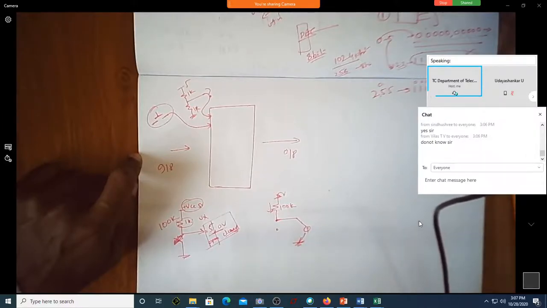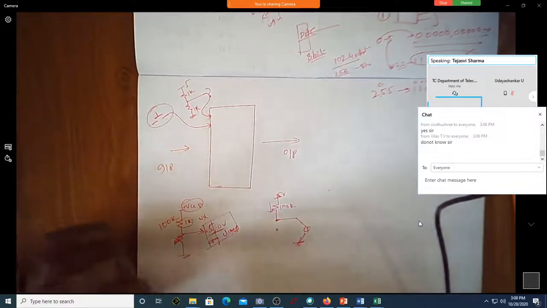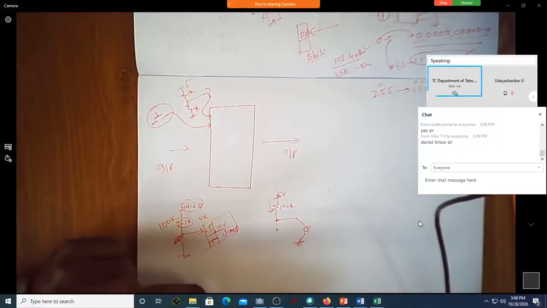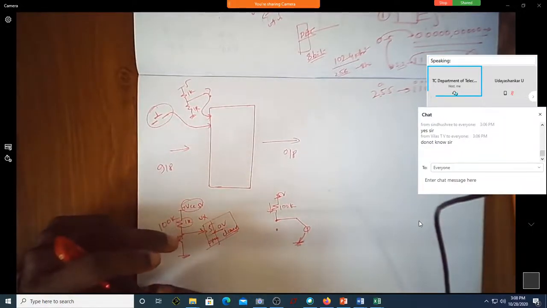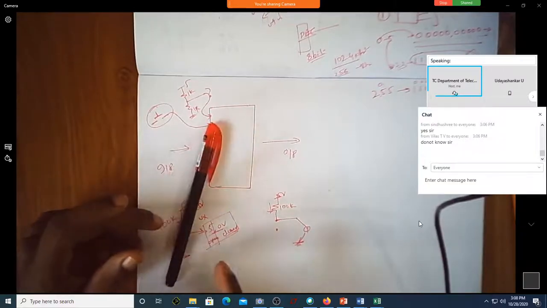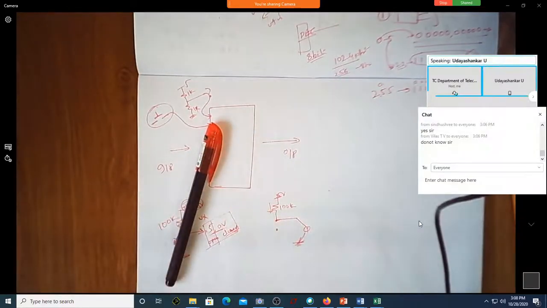Do you know the resistance offered by a voltmeter? Voltmeter will offer infinite resistance, ammeter will offer zero resistance.